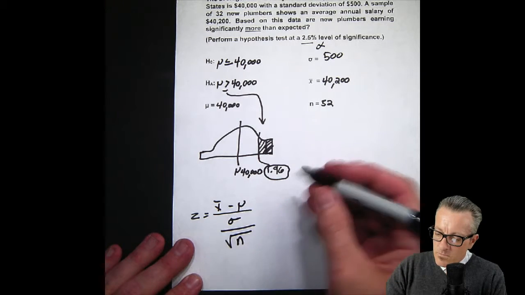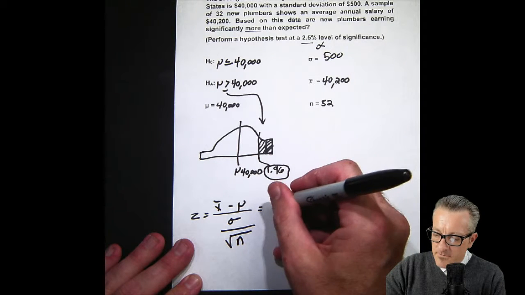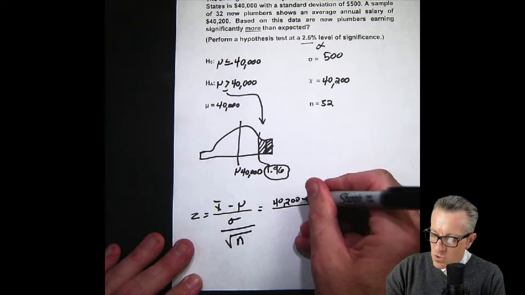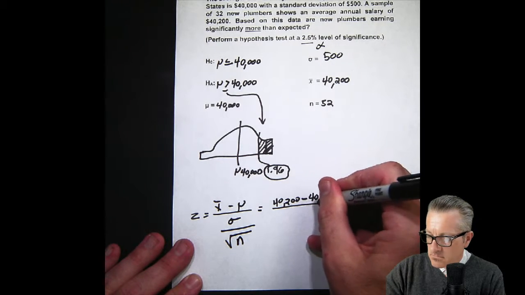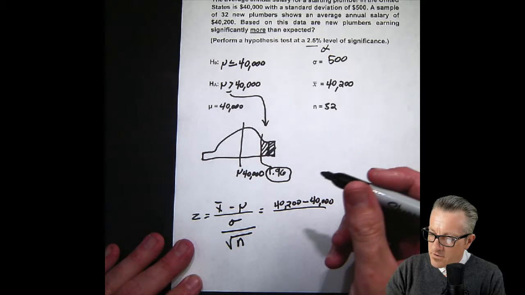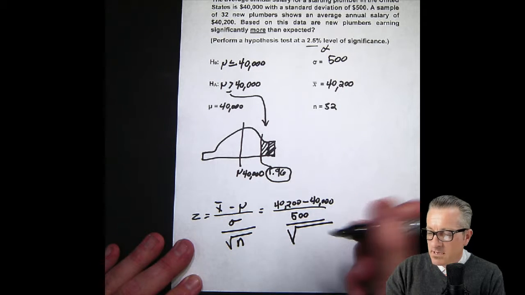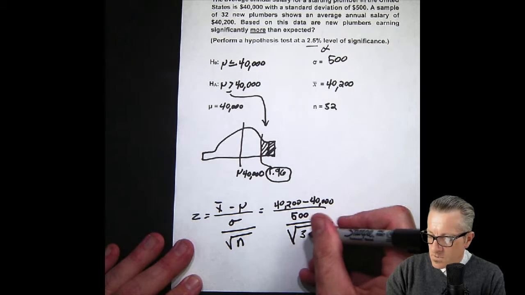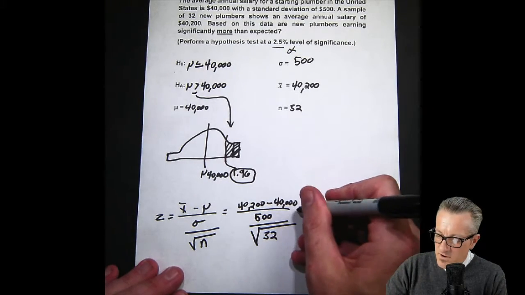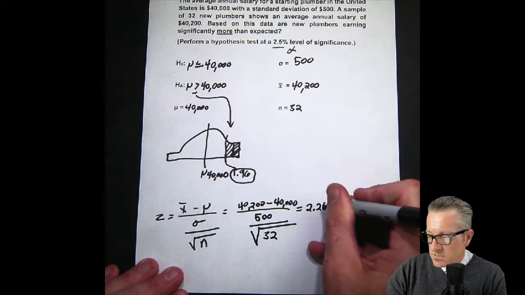So our X bar is 40,200, and our mu is 40,000, and our standard deviation is 500, and our n is 32. Okay, so I've worked this out in the calculator. You need to trust me in this part. Our answer is 2.262.